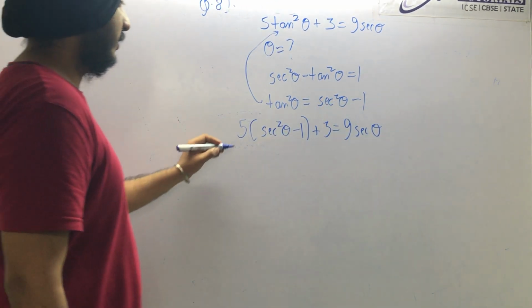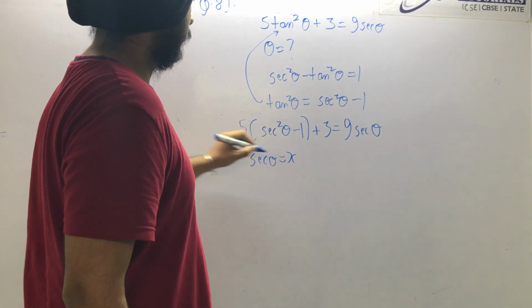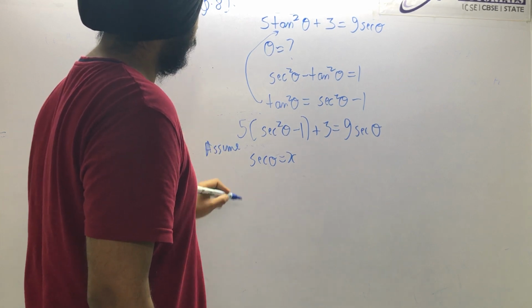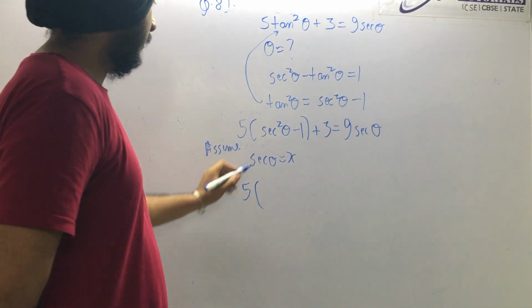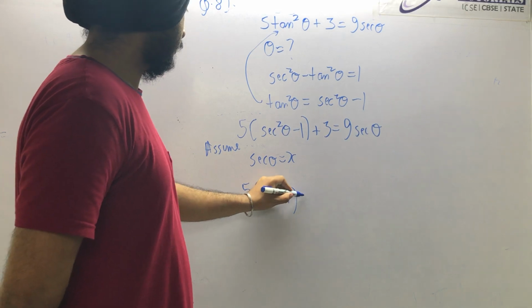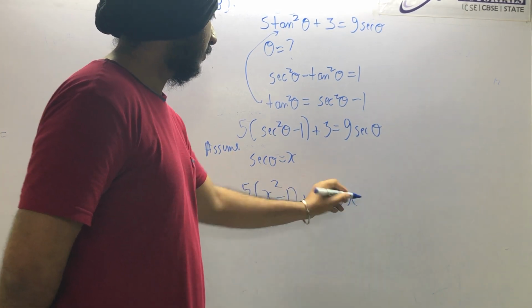Now you can assume sec theta as x. Don't forget writing assume, okay? You never know the teachers. So 5 into x square minus 1 plus 3 is equal to 9x.